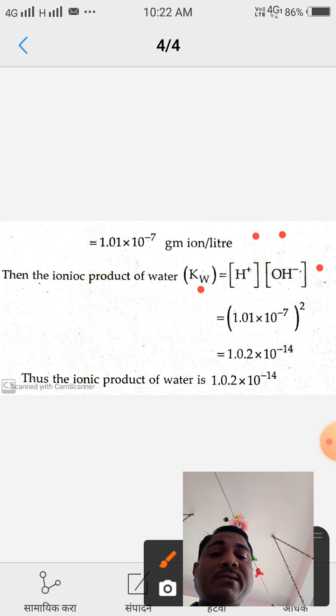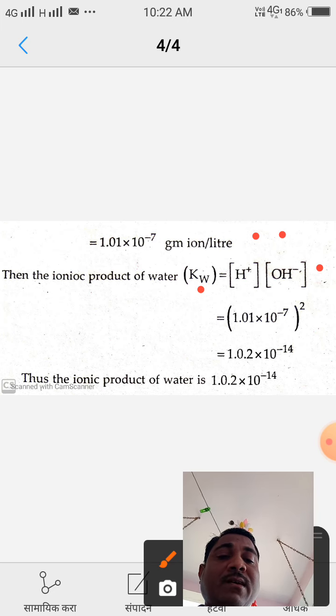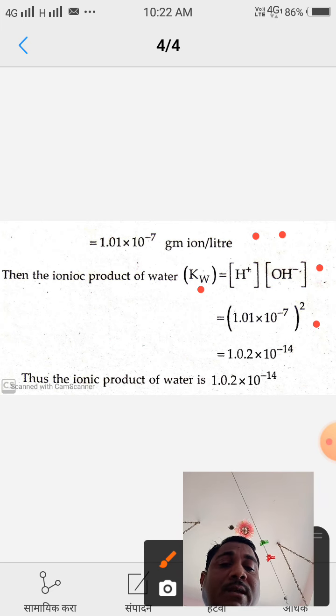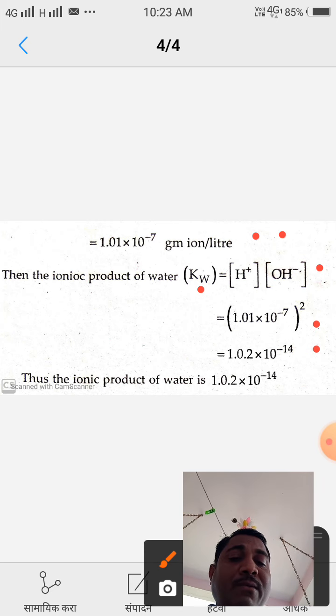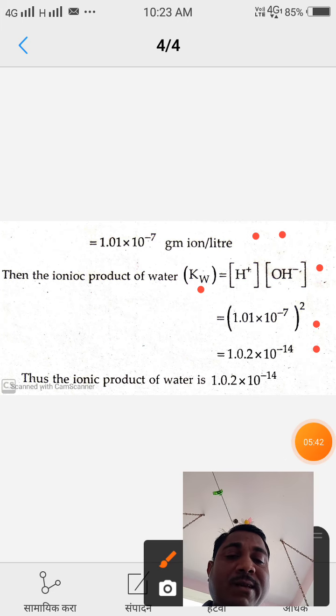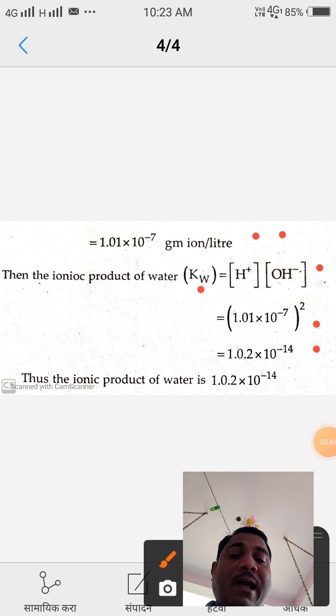Both species have the same concentration. Therefore, the product is written as 1.01 into 10 raised to power minus 7, squared. This value becomes 1.02 into 10 raised to power minus 14. Thus the ionic product of water is 1.02 into 10 raised to power minus 14. So in this way we can calculate the ionic product of water.